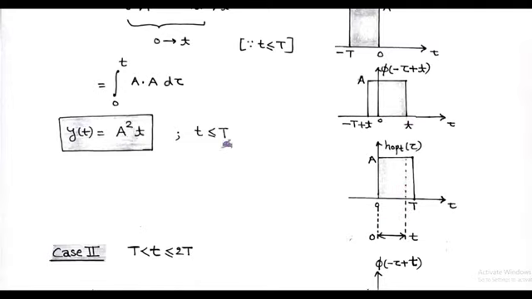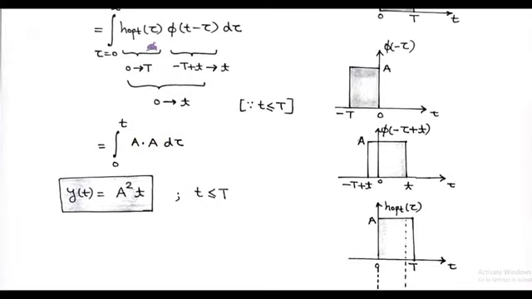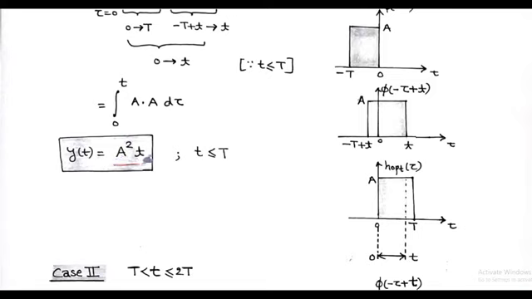We know that the value of phi(minus tau plus t) is A and the optimum h(tau) is A. So our integration becomes the integral from 0 to t of A squared d tau. After solving, we get the output y(t) equals A squared t, and this is for the case when t is less than or equal to capital T.